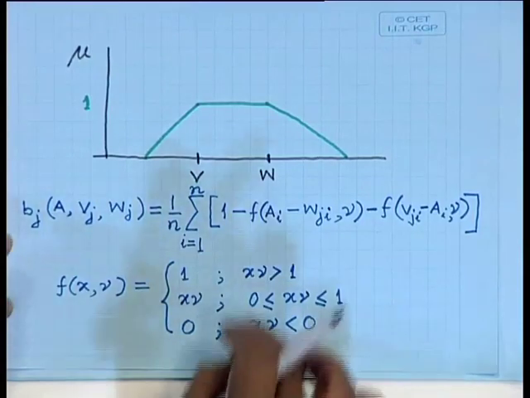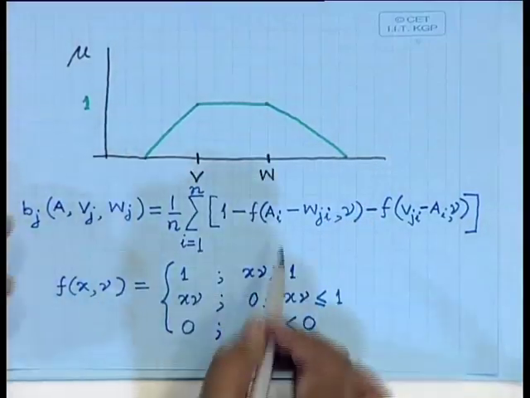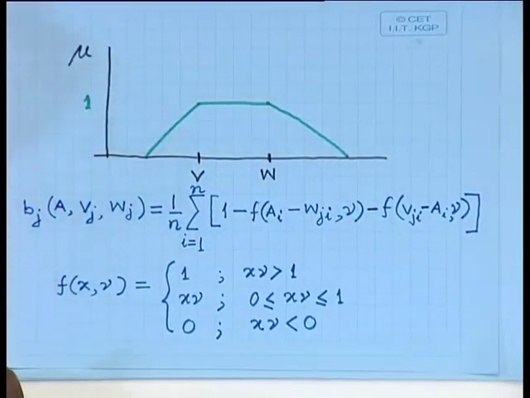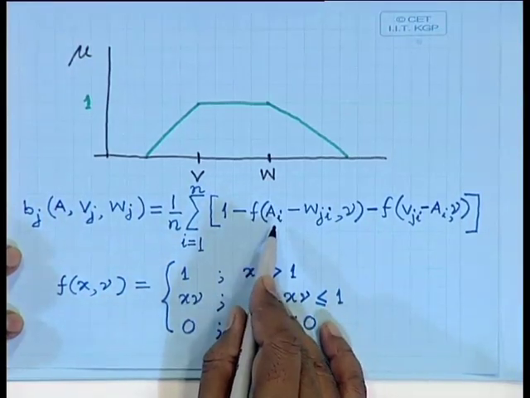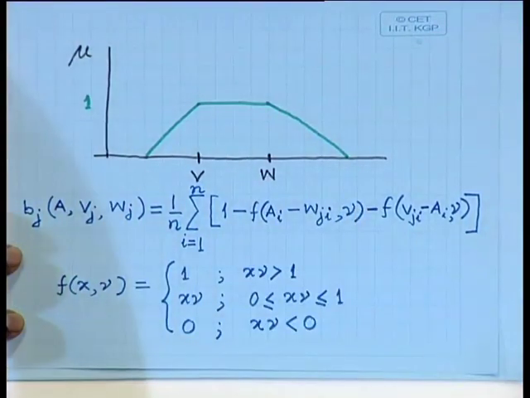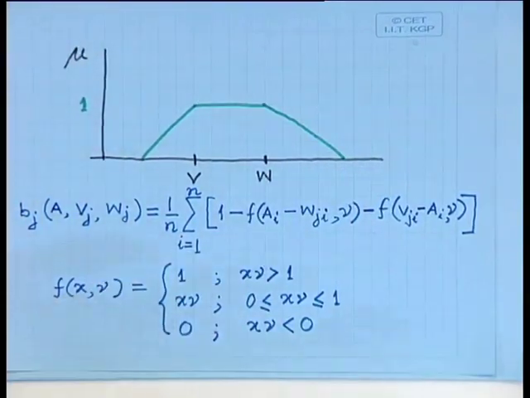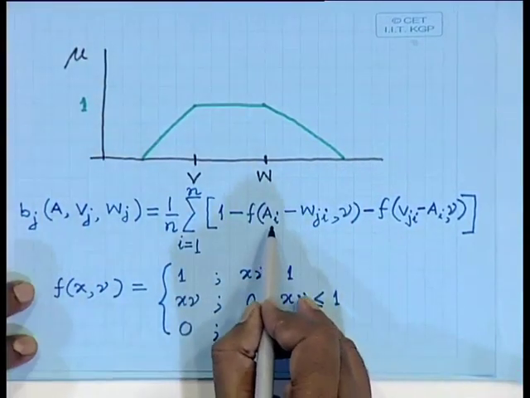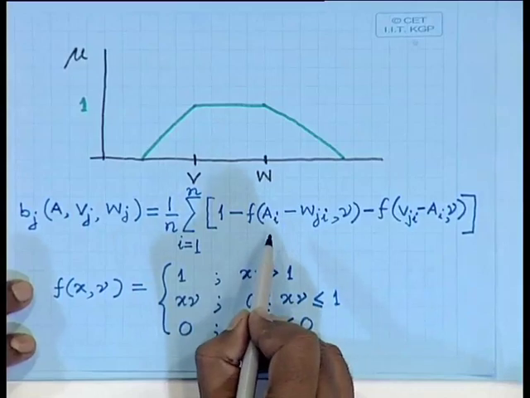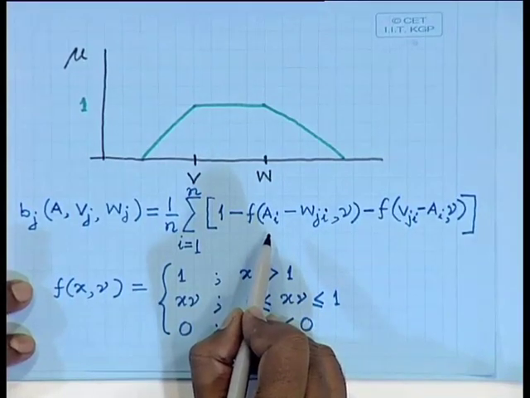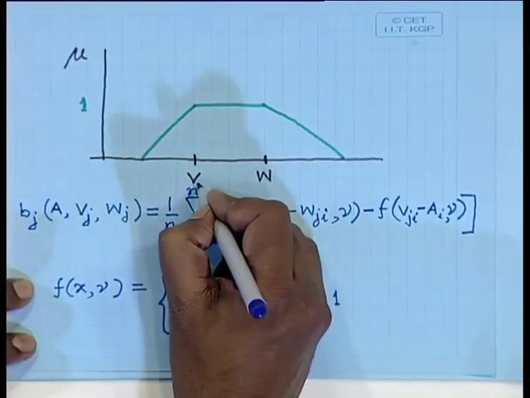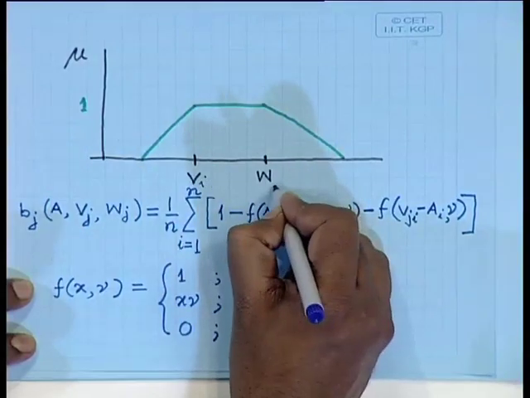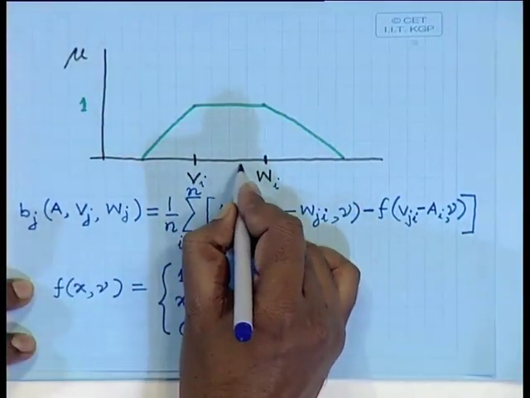Now, see what it implies with respect to this particular diagram. I am considering only the ith dimension, and that is true for all other dimensions. If the vector a, which is the unknown feature vector here, falls within the hyperbox, considering the ith dimension, let me put this as V I, this as W I, and A I will be somewhere in between.